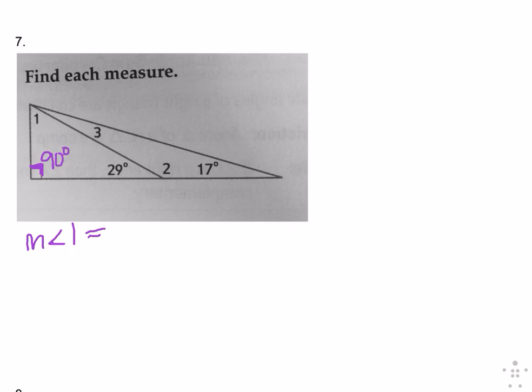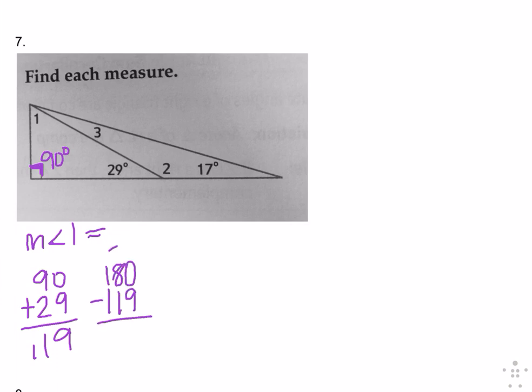And if we have two angles inside of the triangle, we can find the third angle by adding the two angles that we know and then subtracting from 180 degrees. So then that gives us that the measure of angle 1 is 61 degrees.